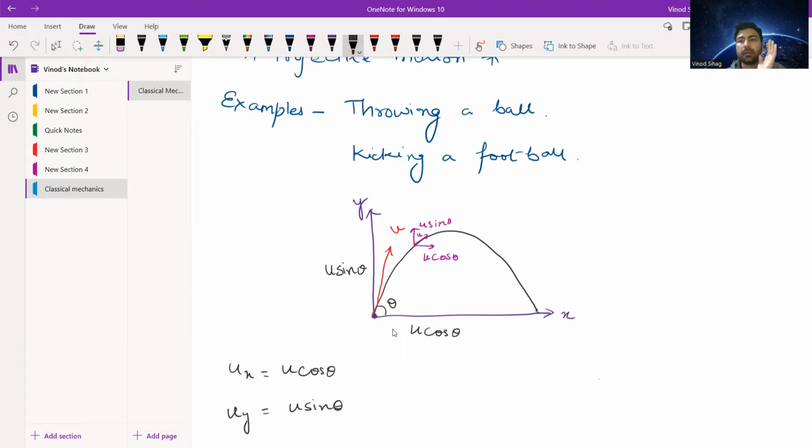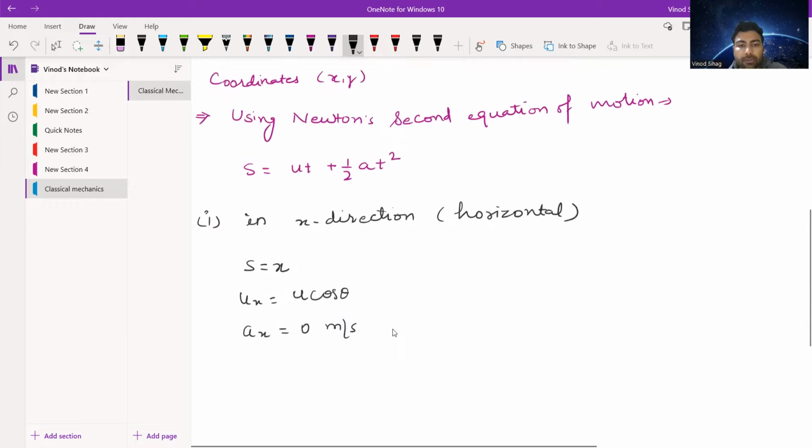So that's why there is no acceleration in the x direction, and there will be only acceleration in the y direction. And what is the name of that acceleration in the y direction? That is acceleration due to gravity, or we can say g. Simply, it is 9.8 meter per second square that we are going to use.